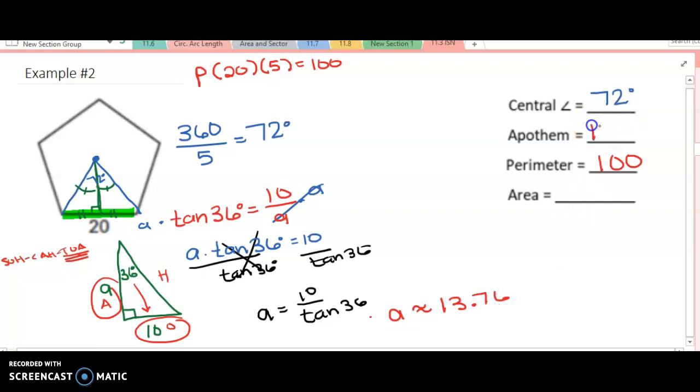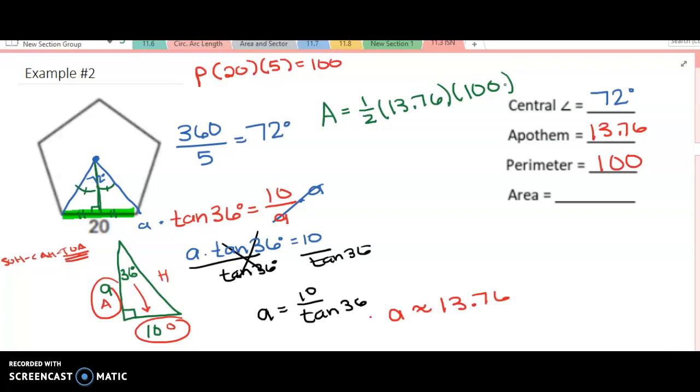So that's my apothem. Okay, so area equals 1/2 times apothem, which is 13.76, times the perimeter. And when I put that into my calculator, I get that my area of this has to be 688.